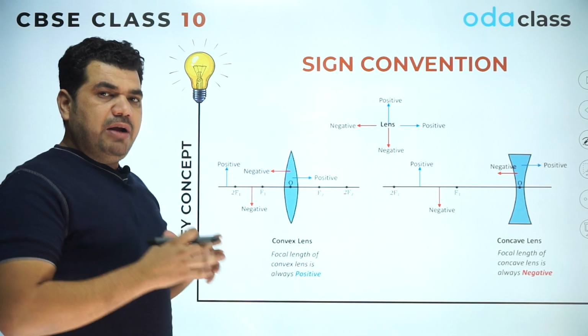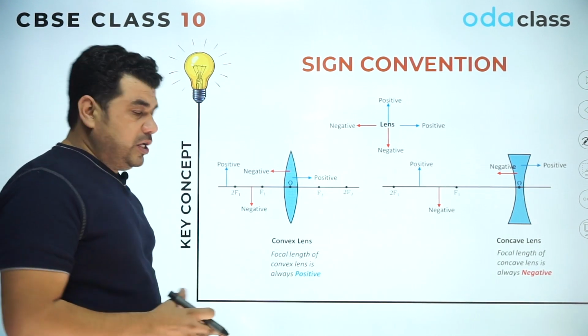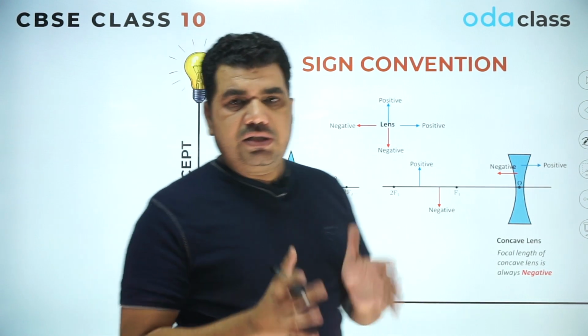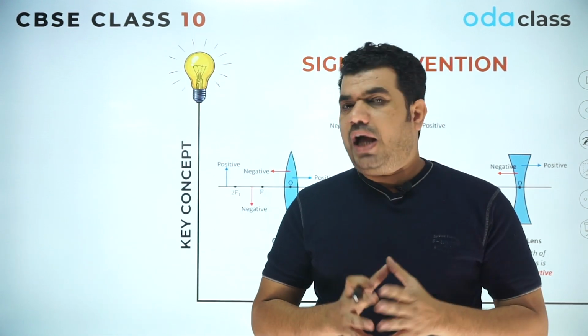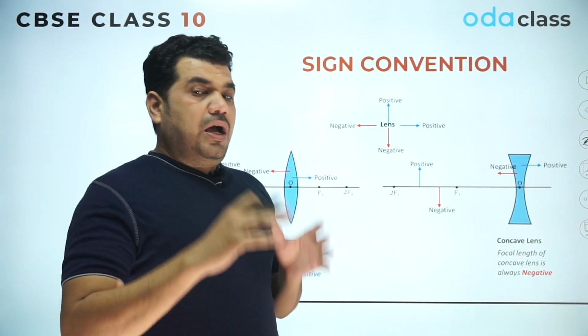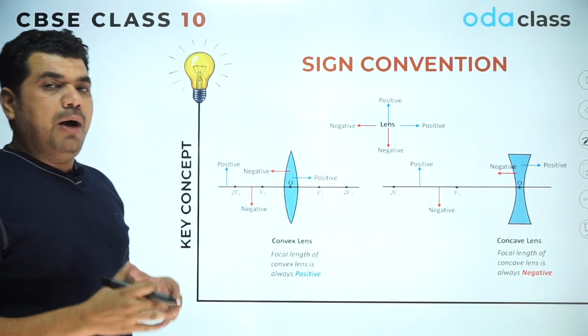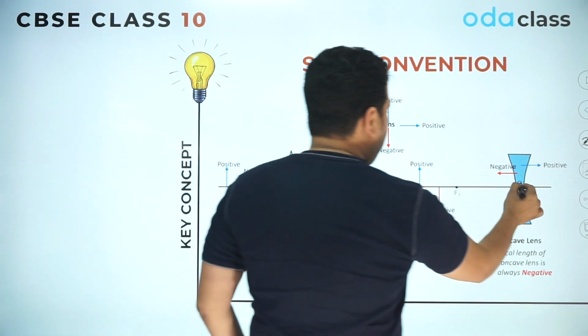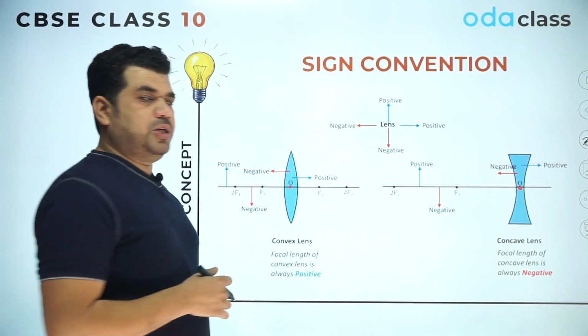Actually, the negative and positive signs that you have to use are like this. First of all, you have to decide on which side the object is placed. And the concept is that the distance always has to be measured from the pole of the lens. As you can see here, this is a concave lens and this is the optical center.